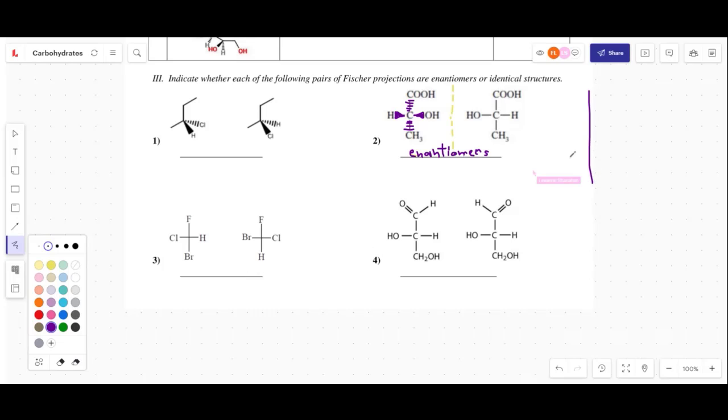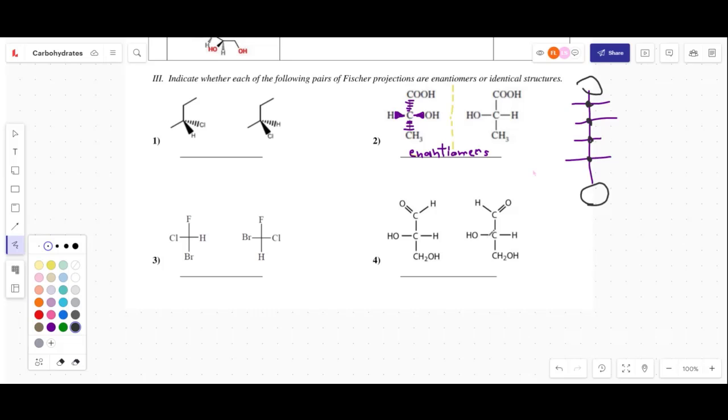So if you have a cross like this, the carbons that either could be chiral or are chiral are going to be the cross ones, like this one, or this one. They're not going to be the group down here, and they're not going to be the group up here, for Fischer projections, that is.